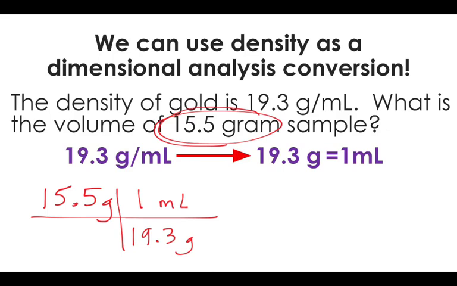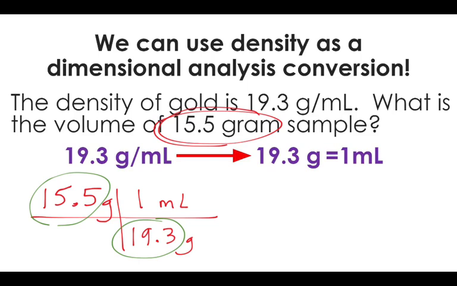And notice how I've got 15.5 over 19.3 again. I'm going to be dividing those two numbers just like I did when I rearranged that equation. But here, I didn't have to do the algebra or memorize what that rearranged equation was. I just used dimensional analysis and pulled apart that grams per milliliter into a simple equation.